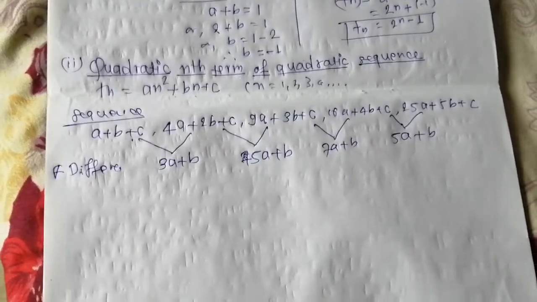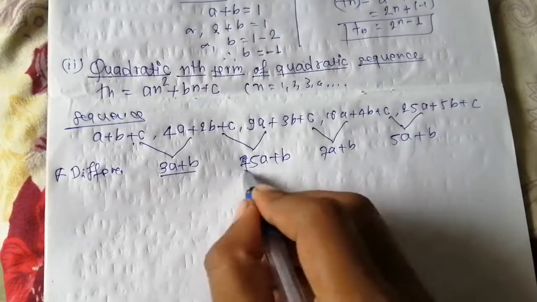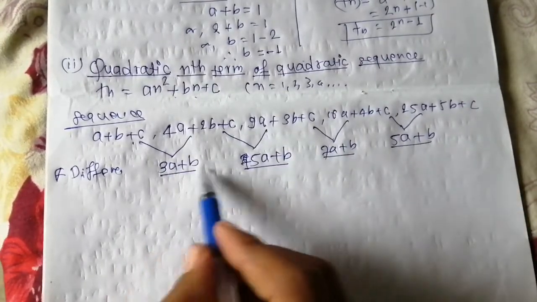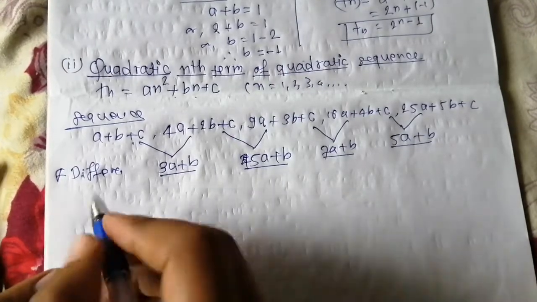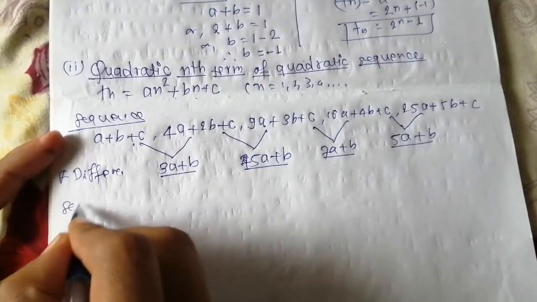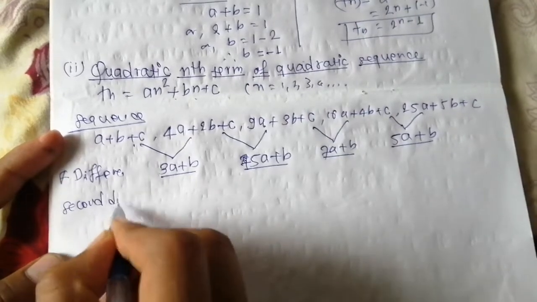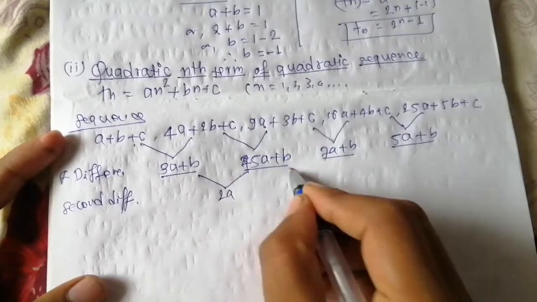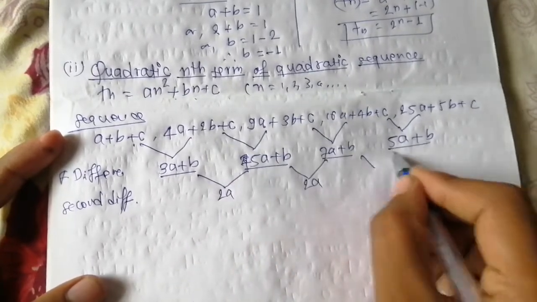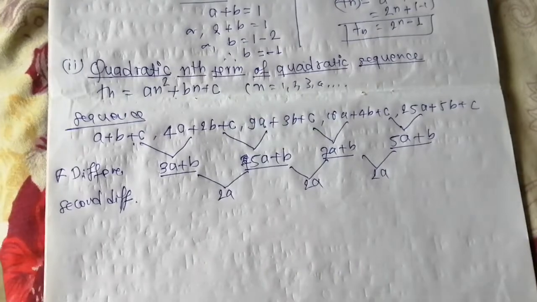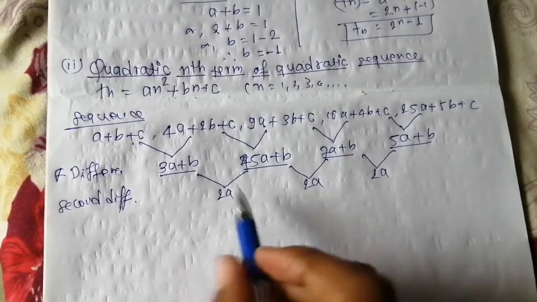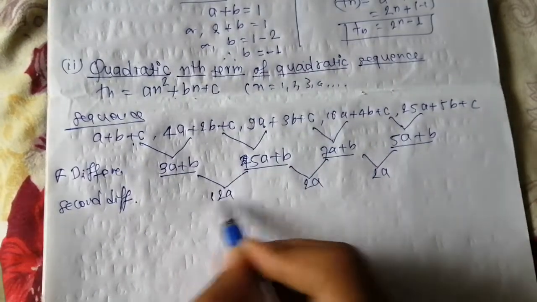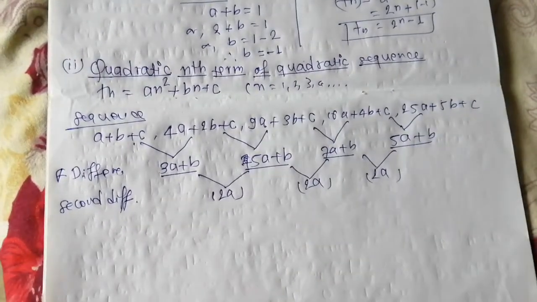So this is not a common difference. In each case the difference is different, not constant. So now check the second difference. For the second difference we get 2a, 2a, 2a. So now we can see that for a quadratic, if the nth term is quadratic, then the second difference is constant, and it will give you 2a.